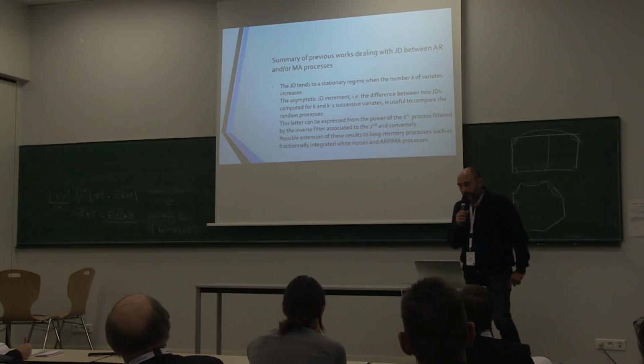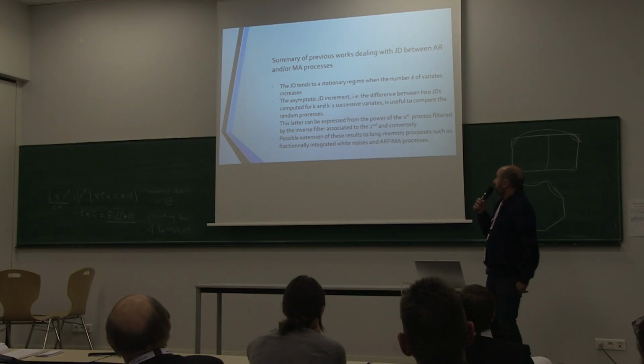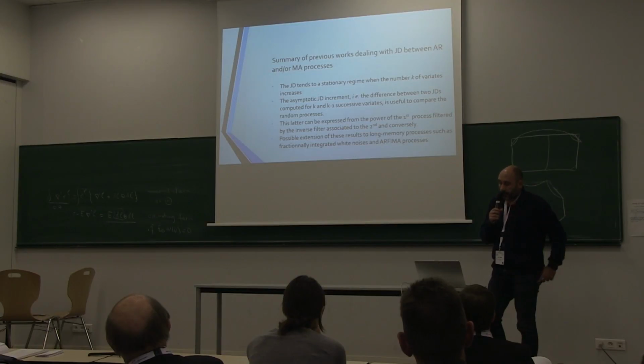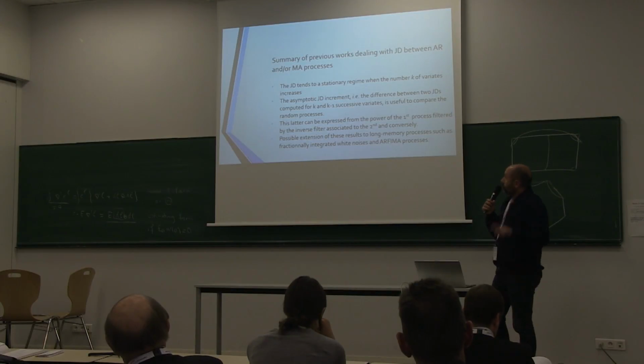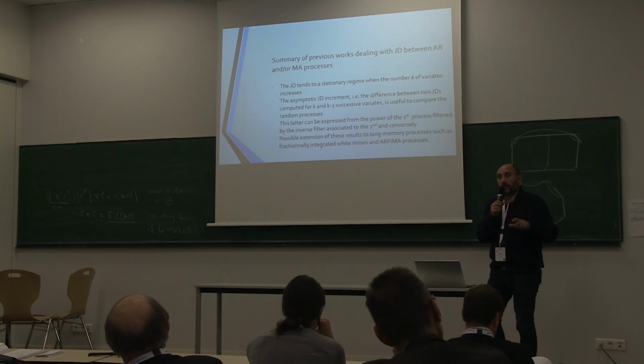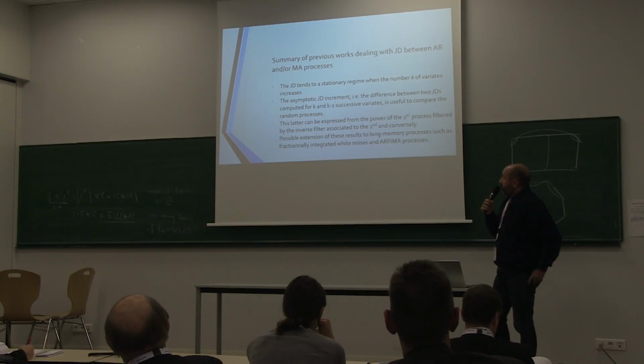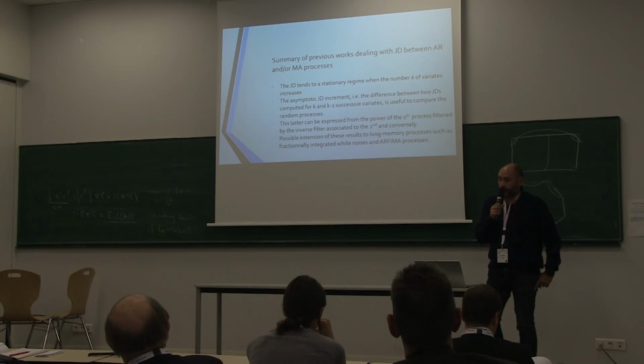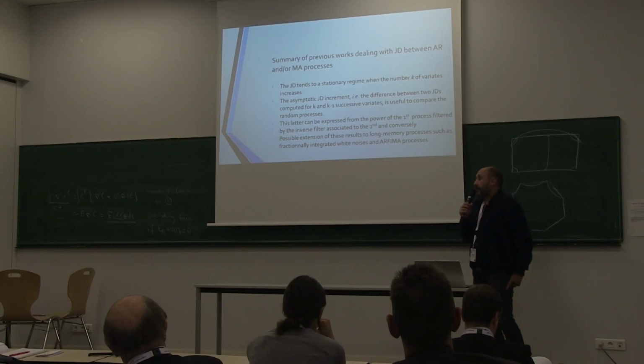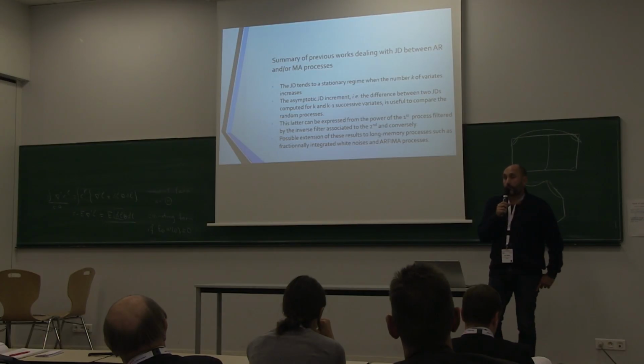As a matter of fact, the Jeffreys divergence tends to a stationary regime when the number of variates increases. And if we call the difference between two consecutive JDs that are computed with k or k minus 1 successive variates, in fact we can deduce the so-called asymptotic Jeffreys divergence increment that can be useful to compare the random processes.